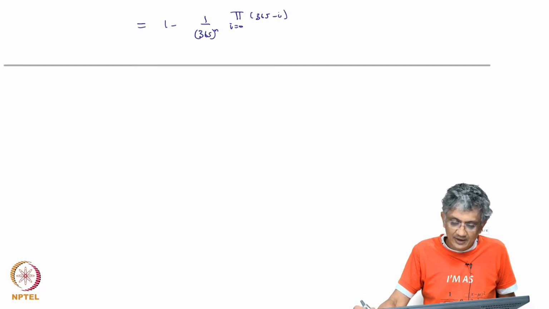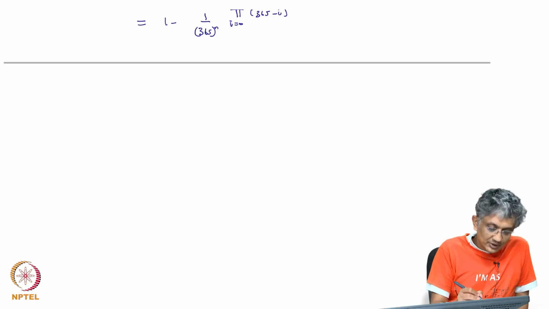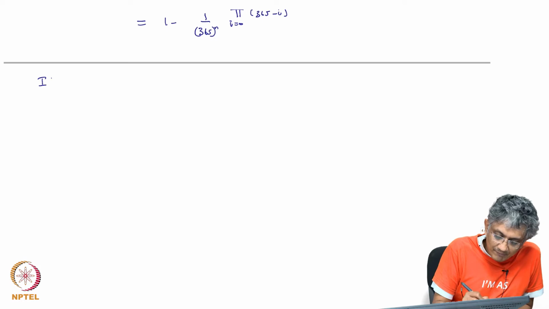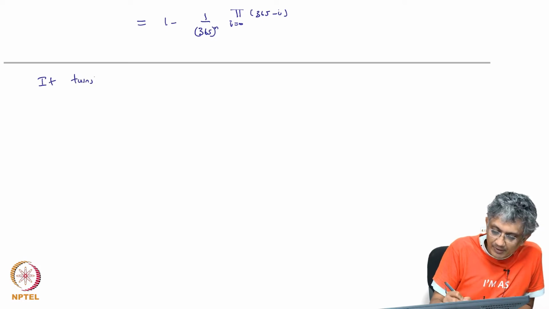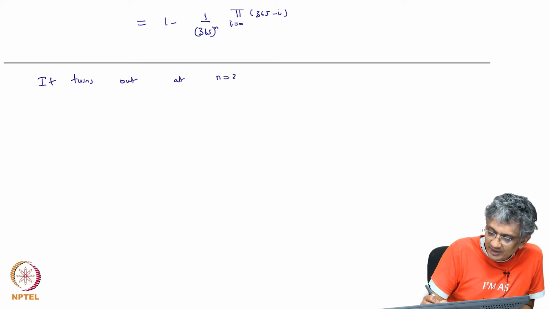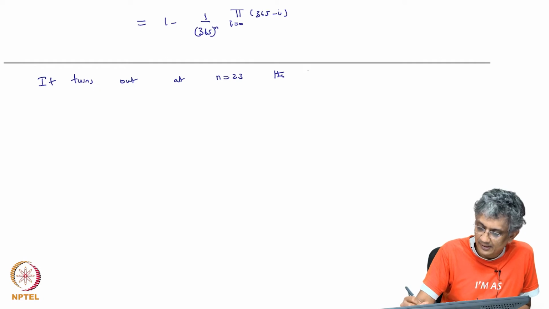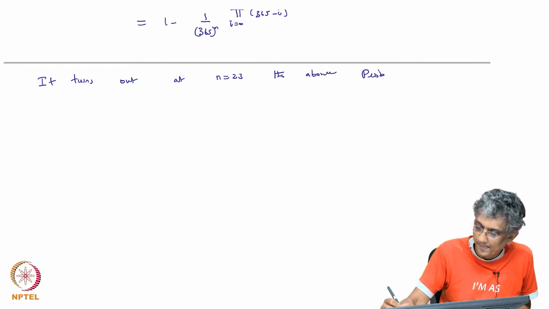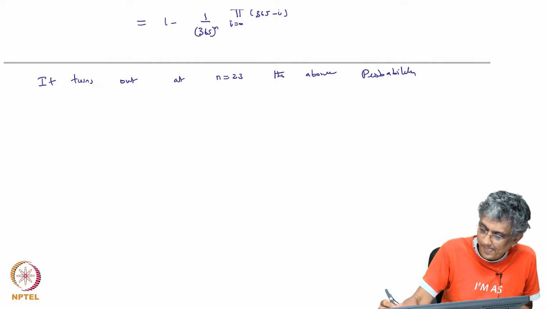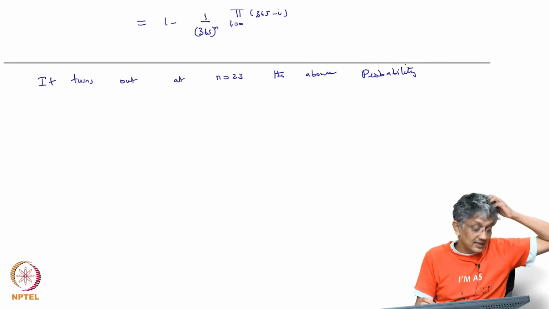You would think that for n equal to 1 we did above. It turns out that at n equal to 23, the above probability is actually quite high.